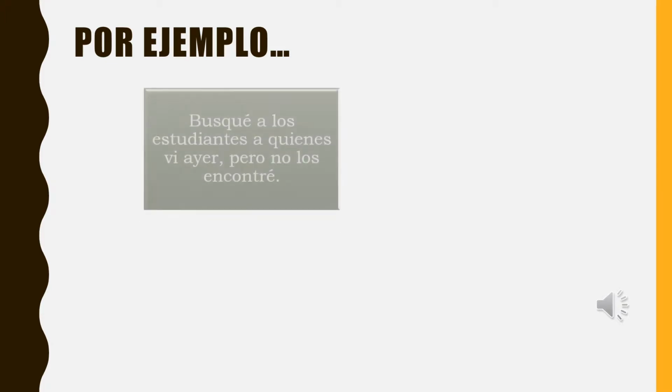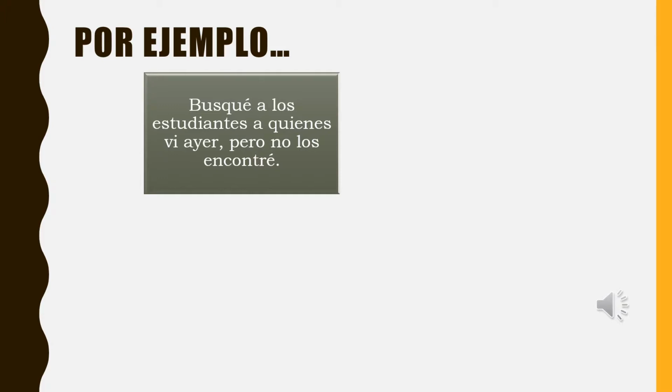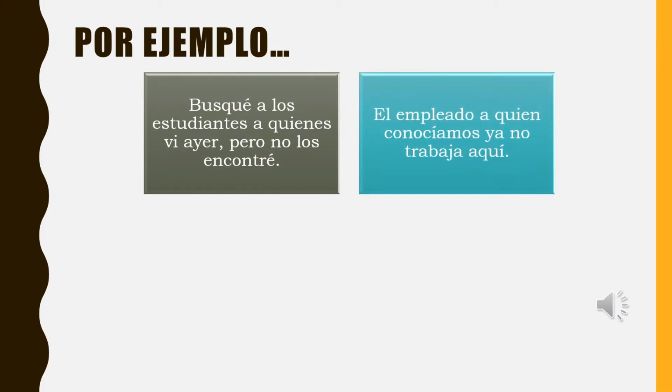A couple of examples of when we would use quien and quienes. Busqué a los estudiantes a quienes vi ayer, pero no los encontré. I have quienes because I'm talking about estudiantes, and it's separated with a. El empleado a quien conocíamos ya no trabaja aquí.